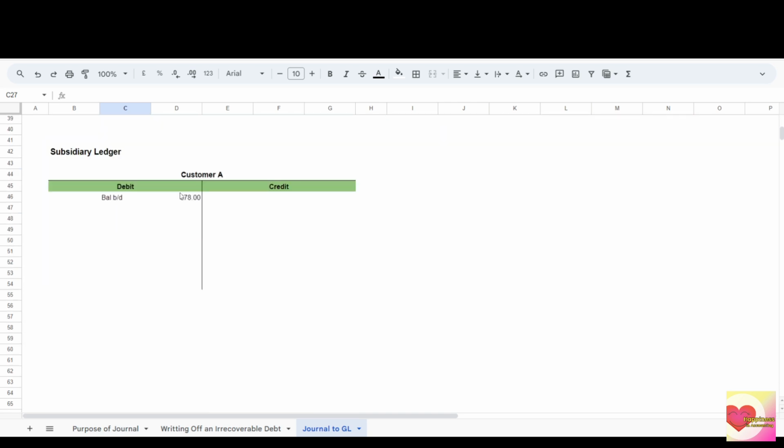So now the balance in customer A's account is 678. Let's record 678, which is the gross amount of the invoice, to the credit. And then let's write irrecoverable debt. This will zero out the total amount owed by customer A to ABC Limited.